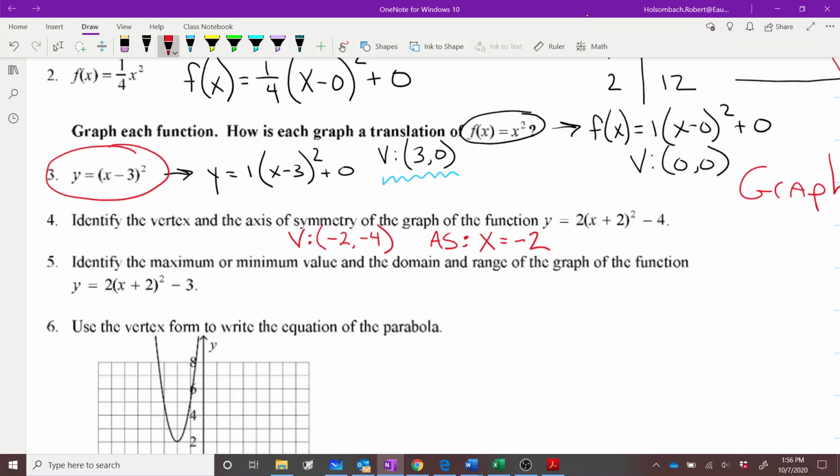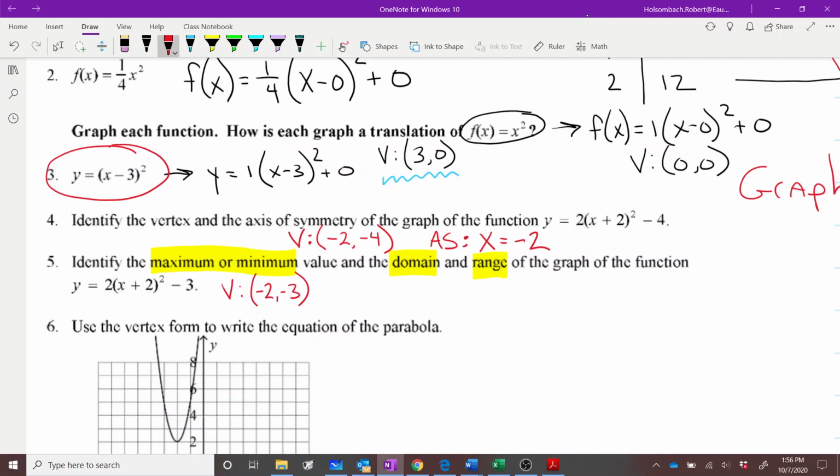Alright, problem number 5. We talked about this yesterday in class. Right here, they're looking for a maximum or minimum, the domain, range of the function. So we were identifying more than that yesterday. Let's do the vertex first. This vertex is at -2, -3.